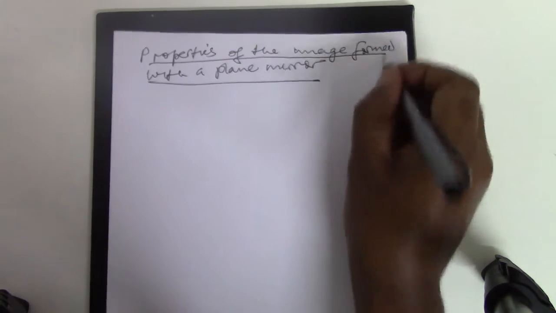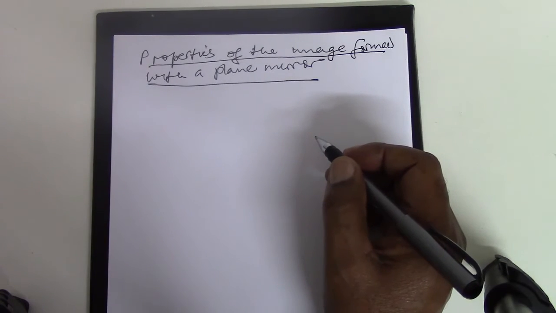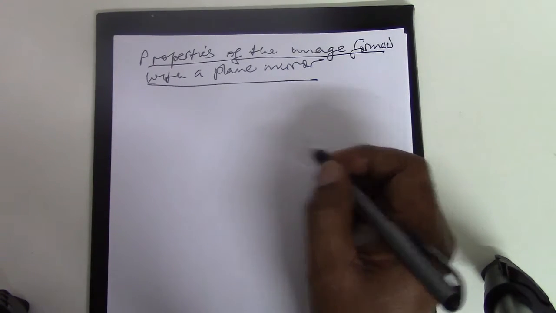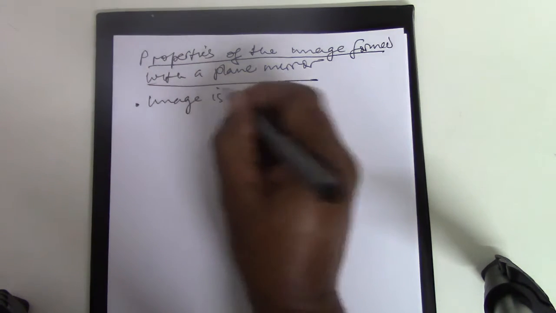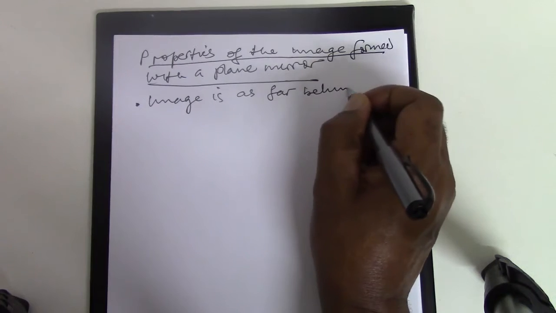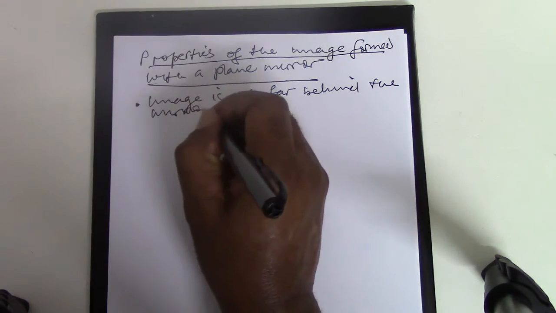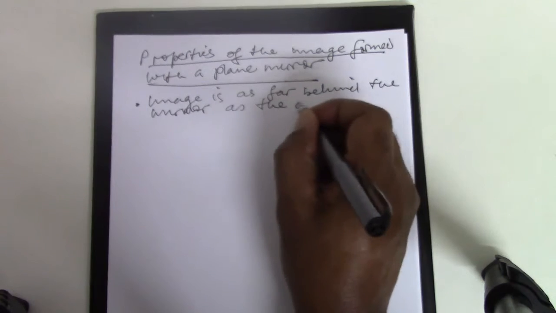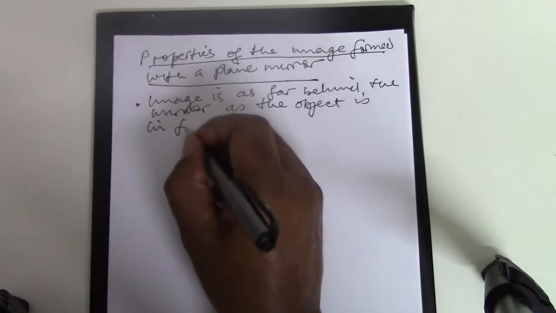Properties of the image formed with a plane mirror. Now, we say that one image is as far behind the mirror as the object is in front.